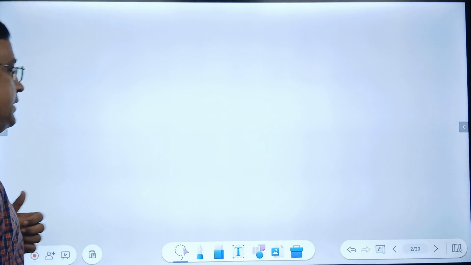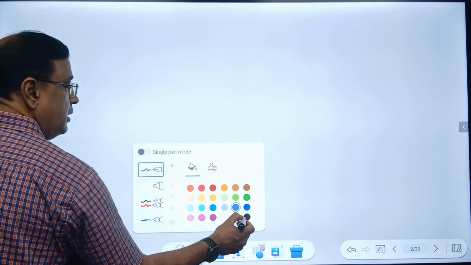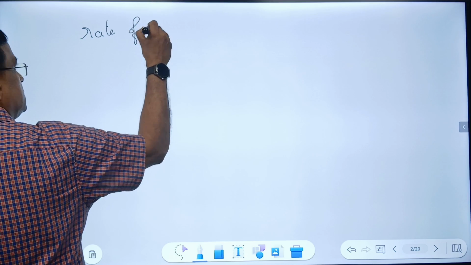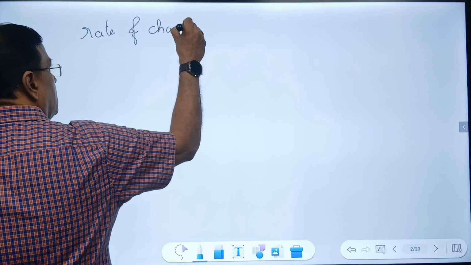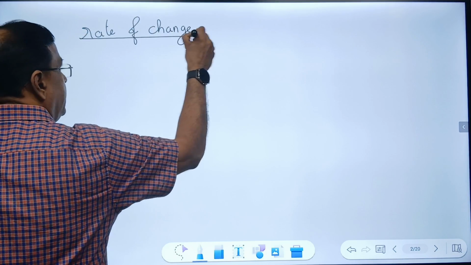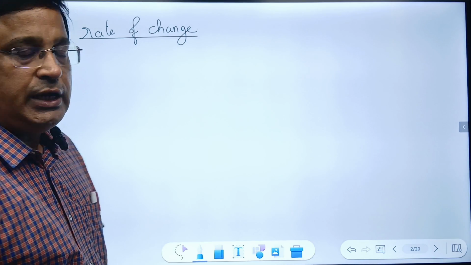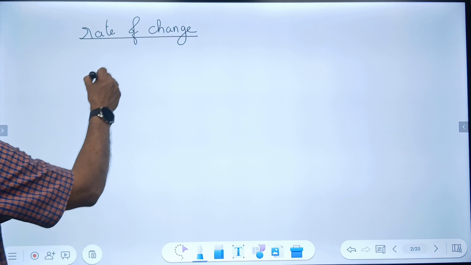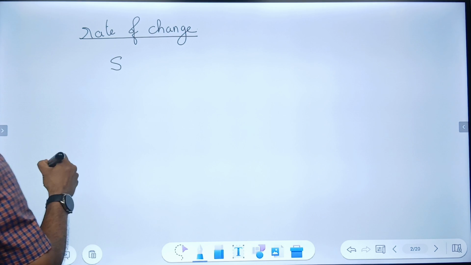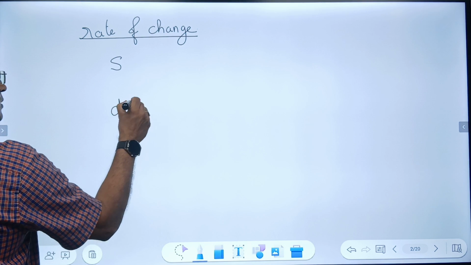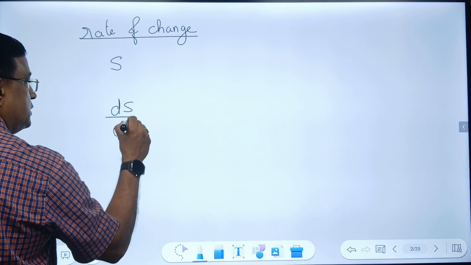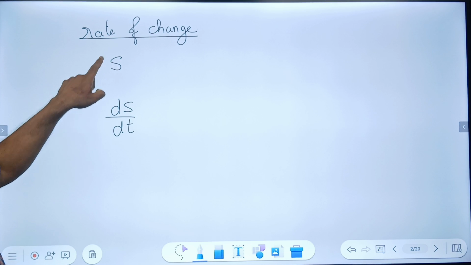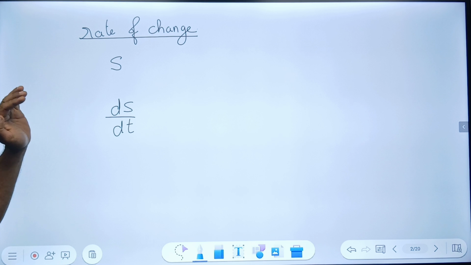Now, what is rate? Rate means time. So rate of change. When I say rate of change, that means change that takes place with respect to time. For example, if I talk about displacement, rate of change of displacement with respect to time means ds by dt.